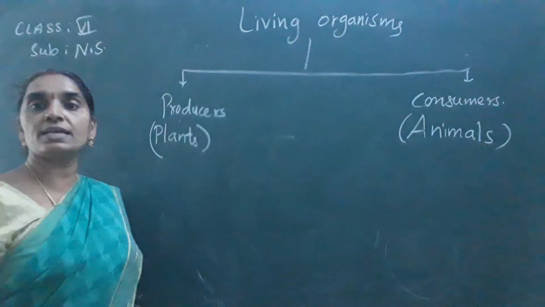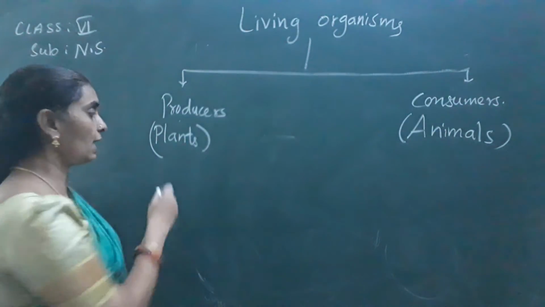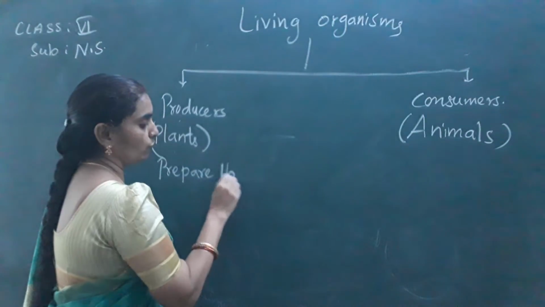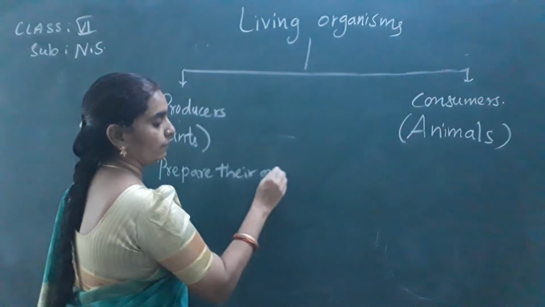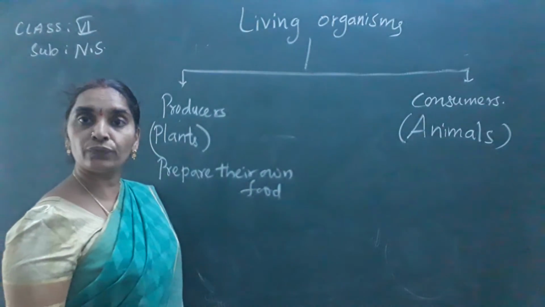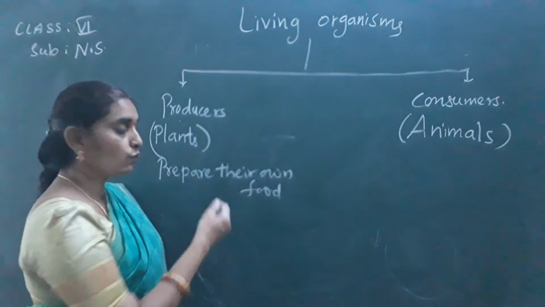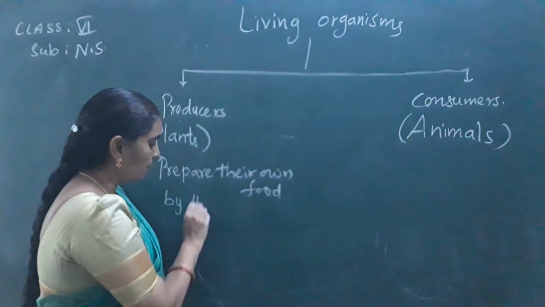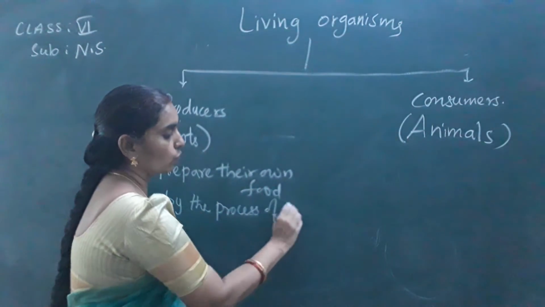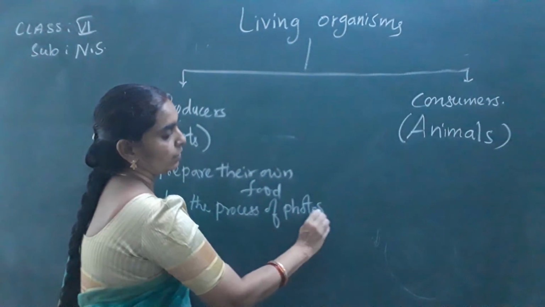Plants are producers because they prepare their own food. How do they prepare their own food? By the process of photosynthesis. You know very well.